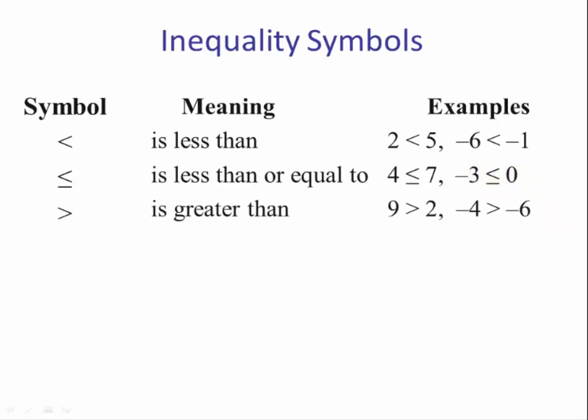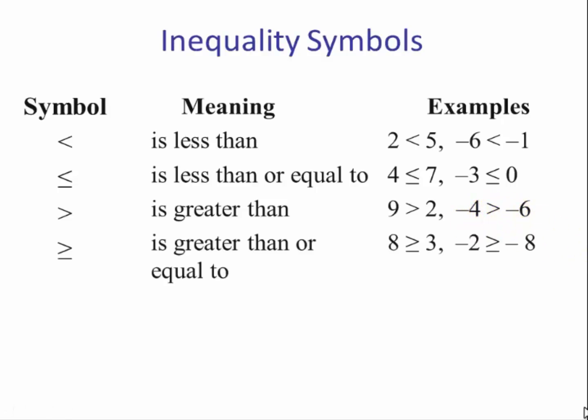Next is greater than: 9 is greater than 2, that's a true statement, and -4 is greater than -6. The next symbol is greater than or equal to: 8 is greater than or equal to 3, and -2 is greater than or equal to -8.